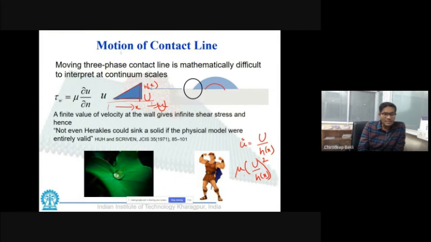And now I try to integrate it. So what I would get is log of h naught by h integrated over 0 to L, and hence I get an infinite shear stress at the wall.